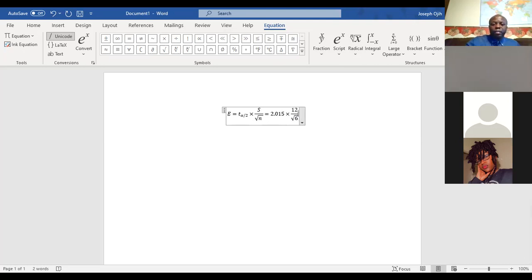So we can get this from the calculator. We put the answer here. The calculator is right here, in decimals.